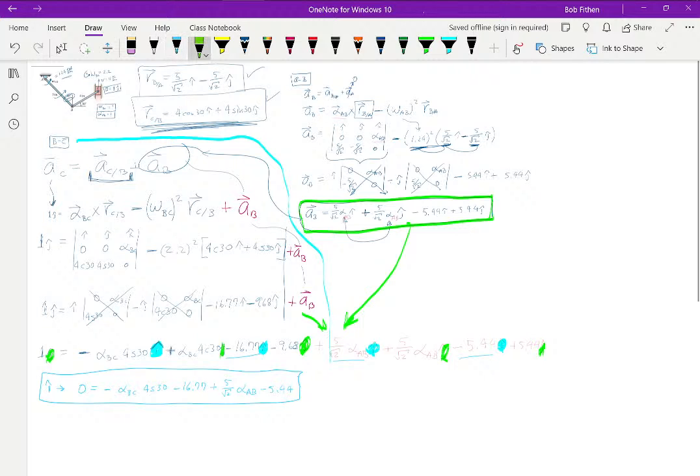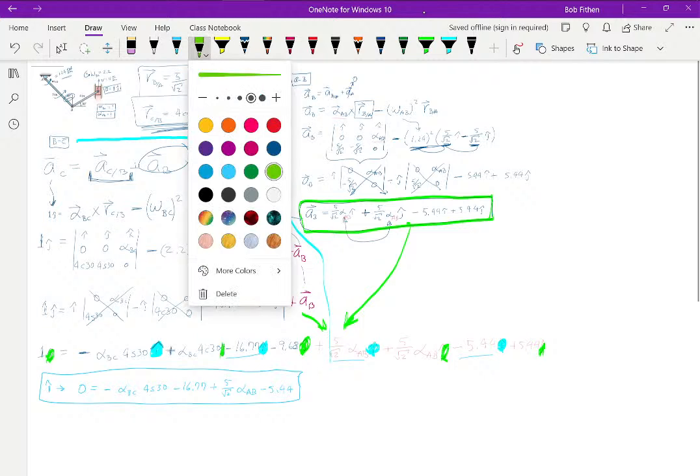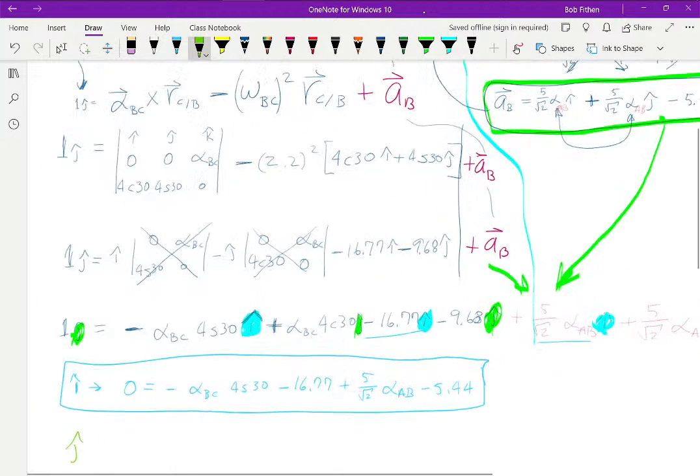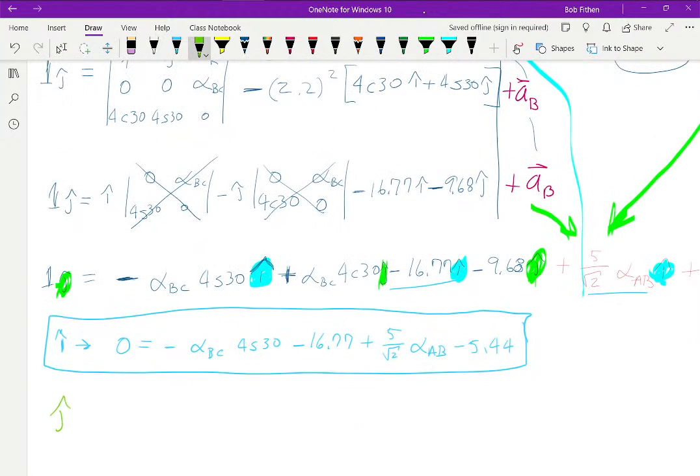Let's look at the green term. Green term is a J, and it gives me 1. Why 1? Because that's what's right there. Equals, next green term, alpha BC 4 cosine 30.